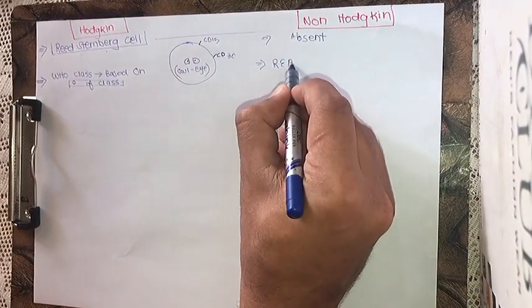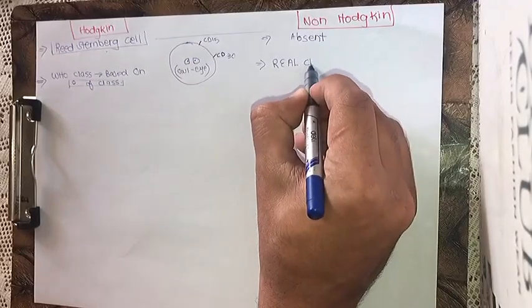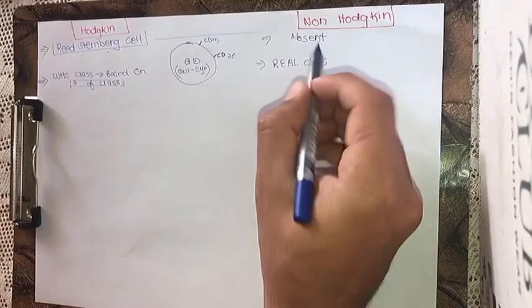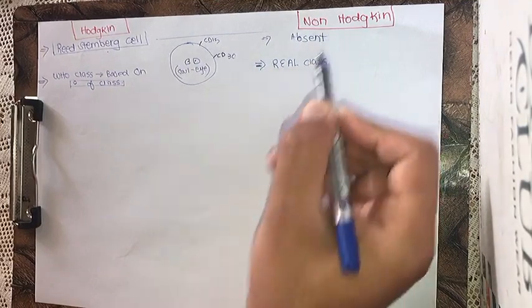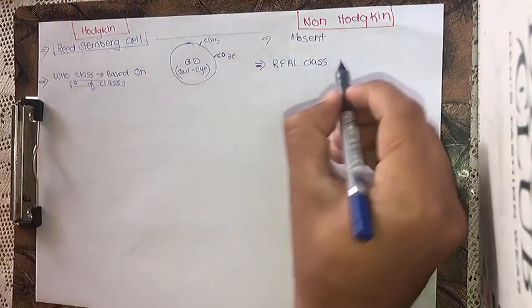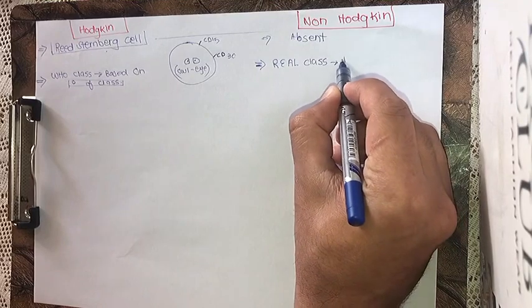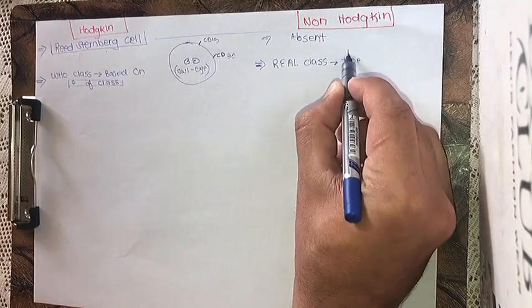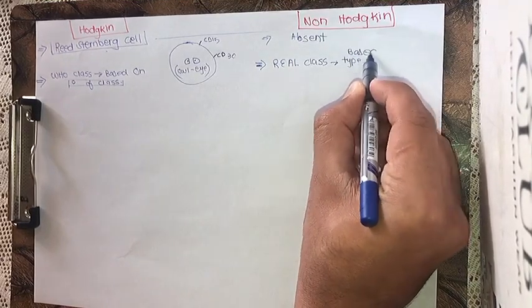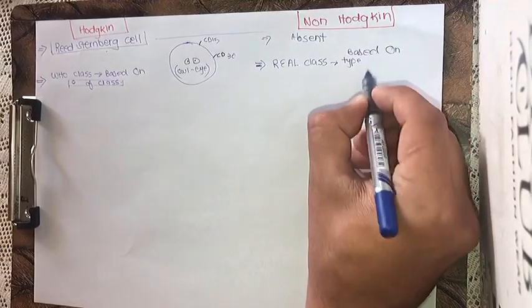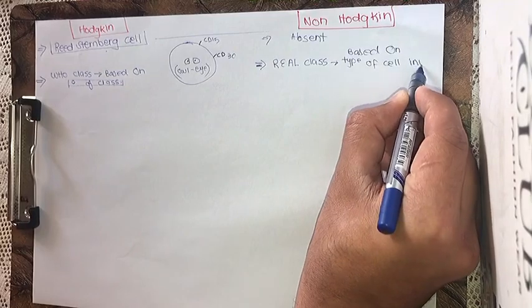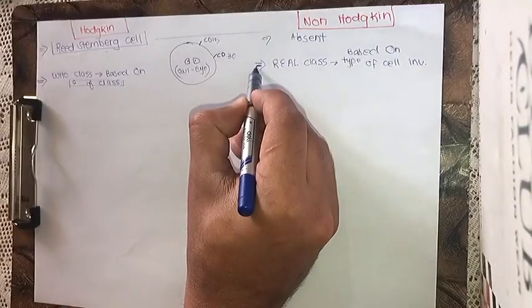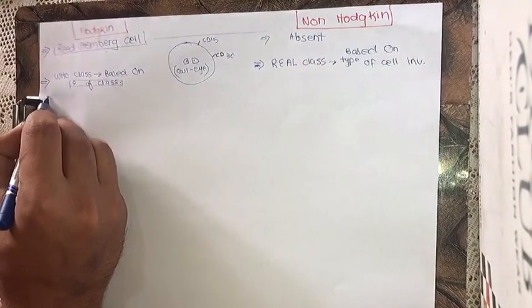We have discussed it in our previous video, so I'm not going to explain it. The REAL classification is based on the type of cell involved. This is another feature.